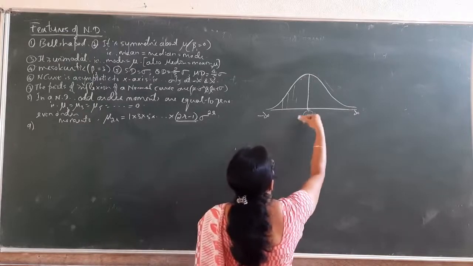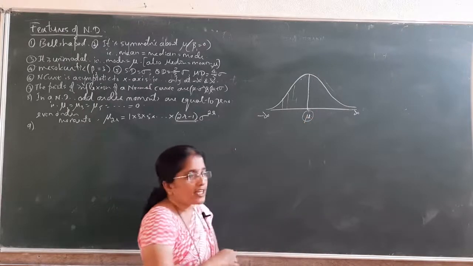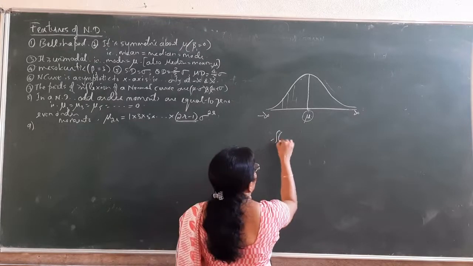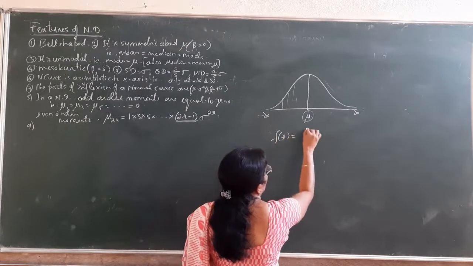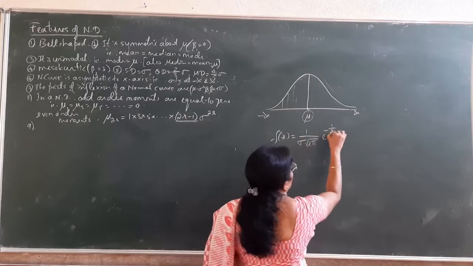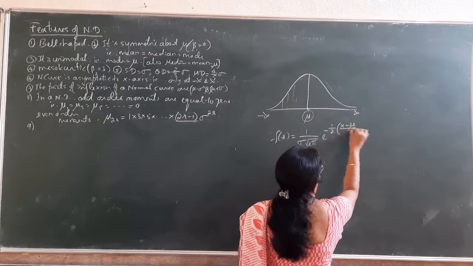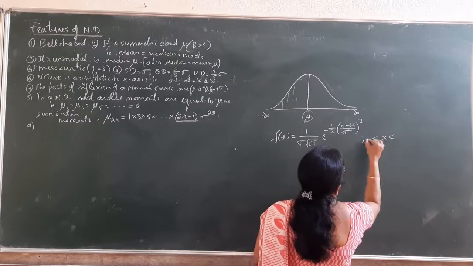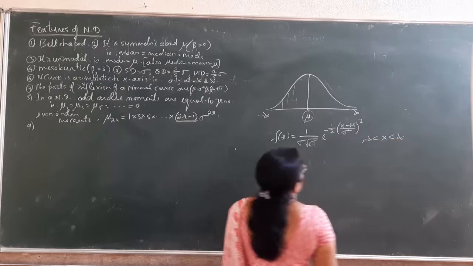Then, what is the maximum probability? For that, consider the probability density function f of x is equal to 1 by sigma root 2 pi e power minus half into x minus mu by sigma whole square, where x lies between minus infinity and infinity.